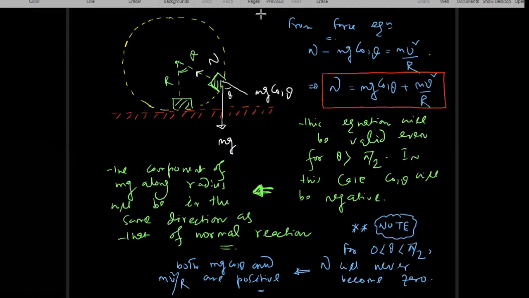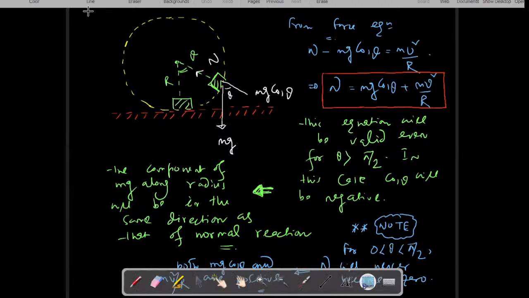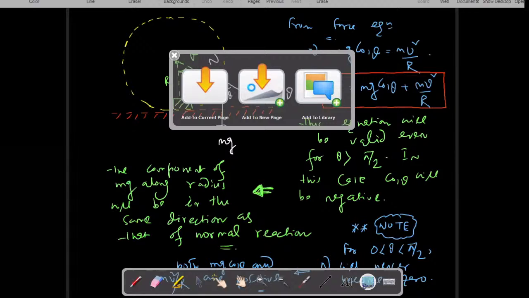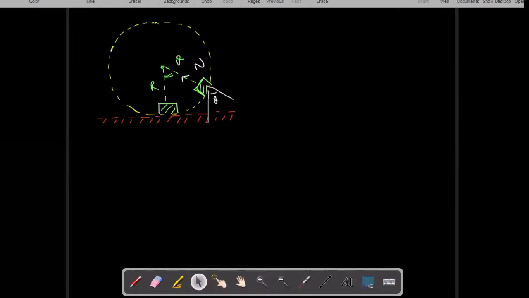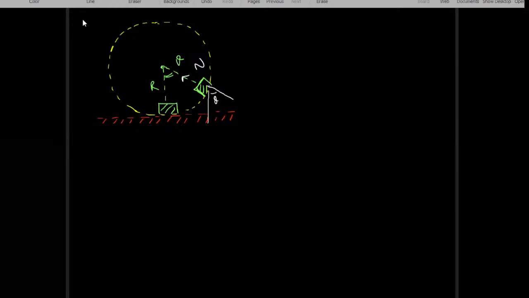Now, what I will do is take this picture. So here we took this as mg. So this is mg cos theta. One more thing you notice: this entire thing is r.